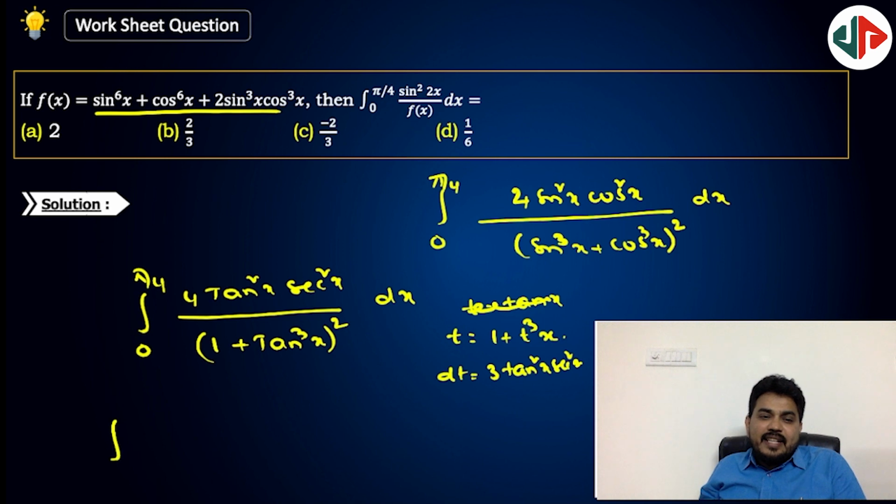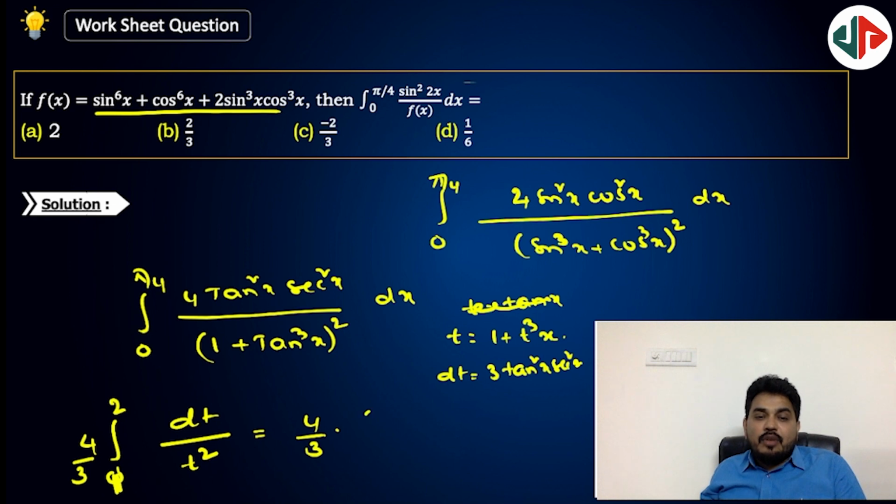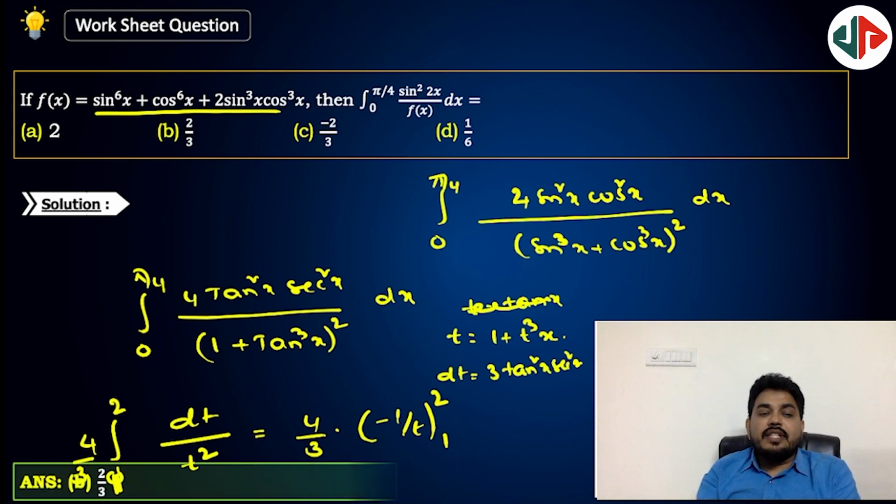So it is the integral where x is equal to 0, t is equal to 1, and x is equal to pi by 4, t is equal to 2. 4 is outside, tan square x by 3, if I write 3 tan square x secant square x, dt by t square. Happily you can write 4 by 3 into minus 1 by t, limit 1 to 2. You are going to get the answer as 2 by 3.